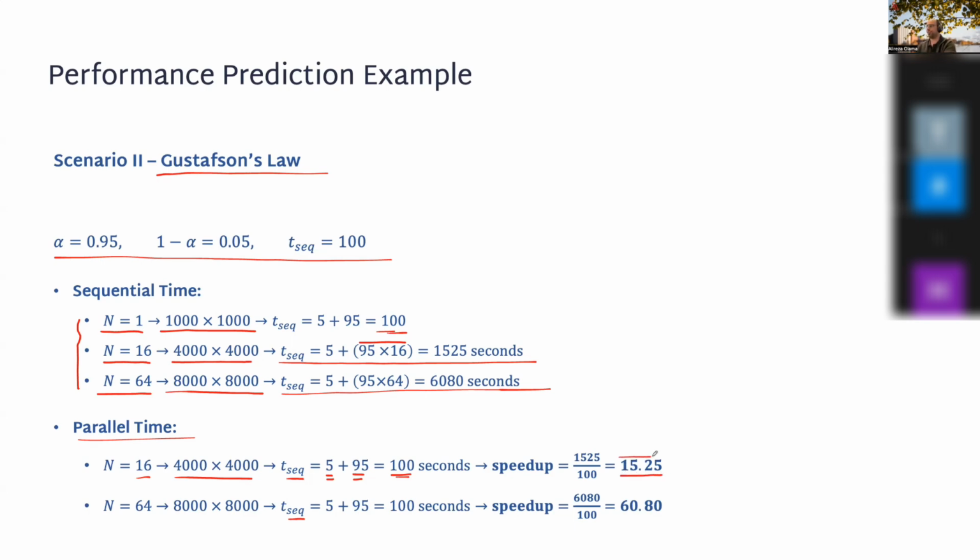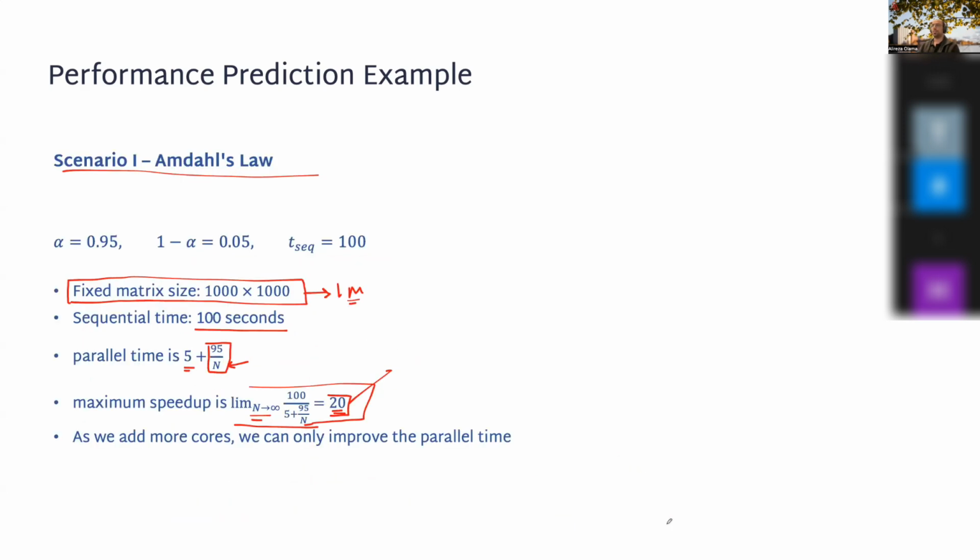15.25 times faster speedup, right? And again, if you increase the number of cores, and if you also increase the number of matrix elements or the problem size, you have even better speedup, right? So with 64 cores, if we increase the problem size, we have 60 speedup.